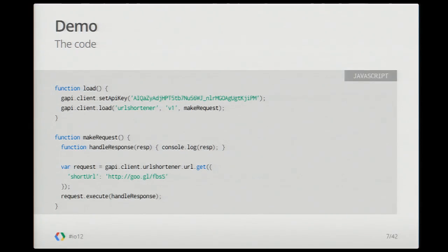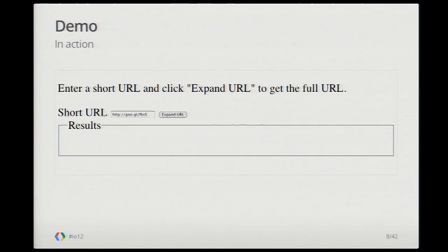So I'm going to do a quick demo using the JavaScript client, and I have a little snippet of code here. This is basically all the code that exists in the demo that I'm about to show you. This is all that's needed to load an API and then make calls to it and get a response back. So here is this demo.